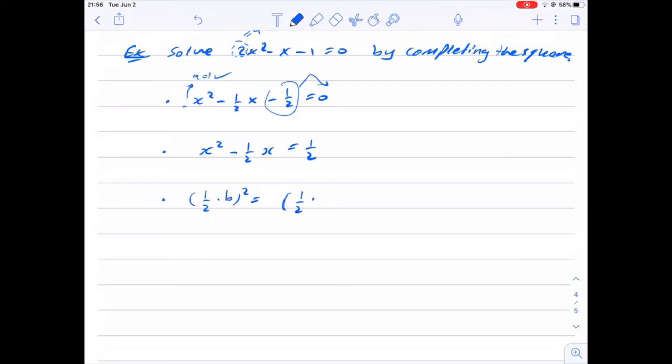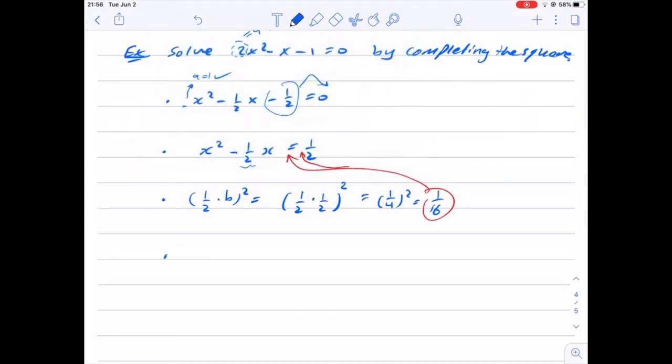So what is b? b is negative 1/2, but as I mentioned before, we don't need to worry about the negative sign since we have a square here. So 1/2 times 1/2 is 1/4, squared, which is 1/16. Now we add this number before and after the equality.